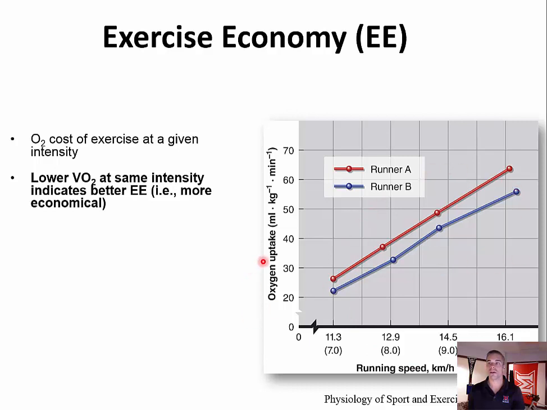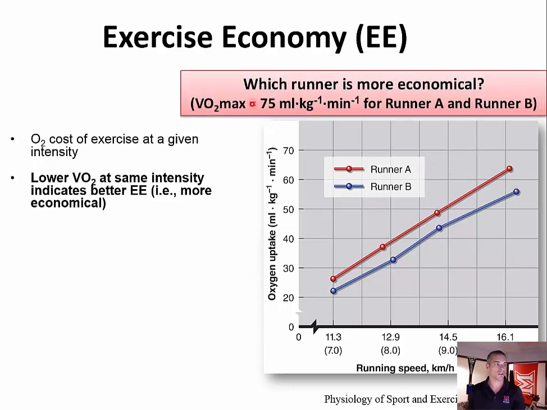So looking at the figure here, we have runner A and runner B. They have equal VO2 max values. Their VO2 max is 75 mLs per kg per minute for both runner A and runner B. But looking at the data points here, the figure, which runner is more economical? So by looking at the data again, we know that exercise economy is simply the oxygen cost of exercise at a given exercise intensity.